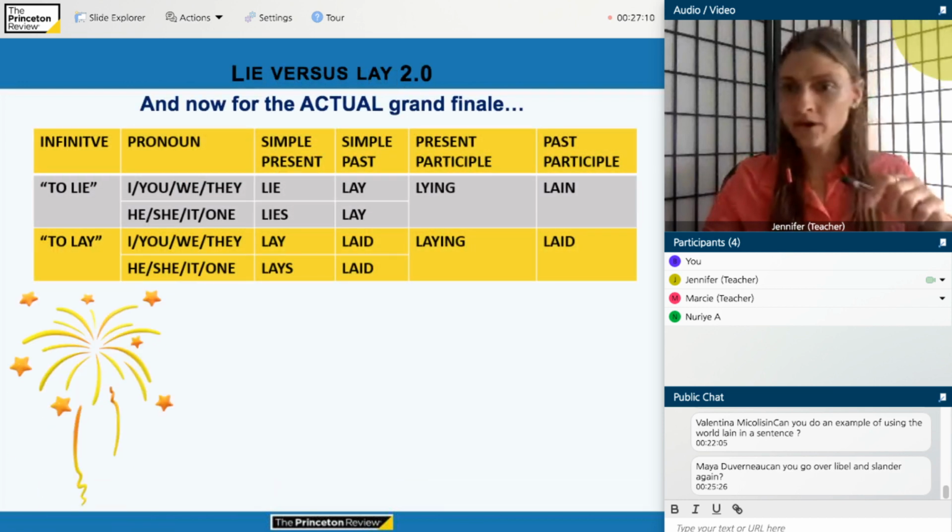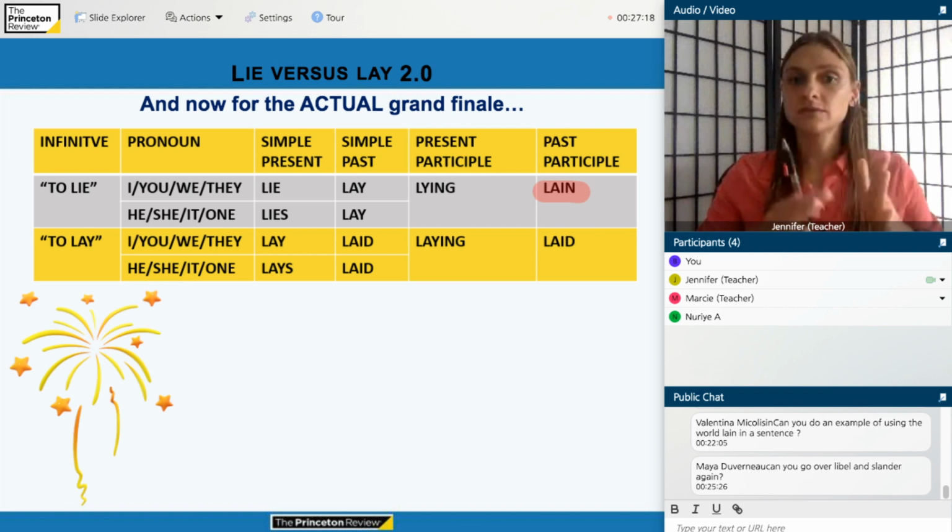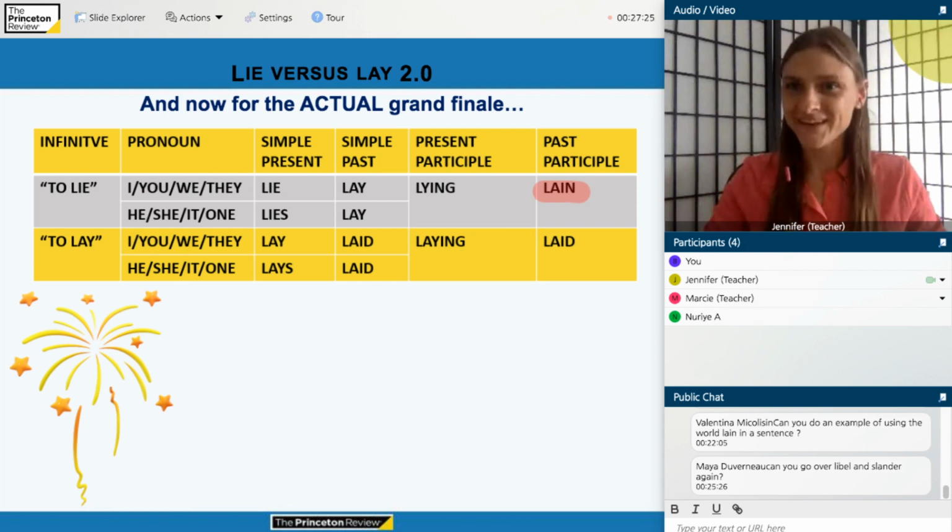Okay, so the word we're looking for is laying. Laying is a past participle. So laying is the past participle that goes with to lie, which is the intransitive form. I lie down horizontally. And you could say, I have lain down. I had lain down, she has lain down.